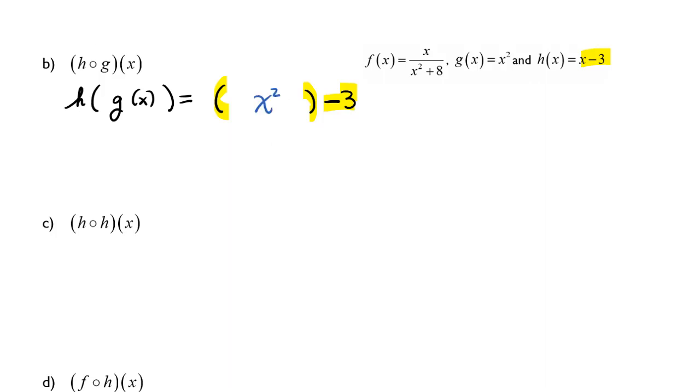That means I can rewrite h of g of x as x squared minus 3. Again, the domain of this function is going to be all real numbers because there are no fractions with variables in the denominator that cause zeros, and there are no radicals.